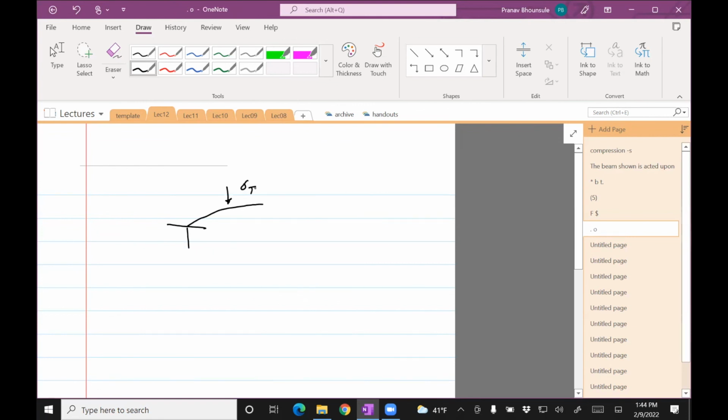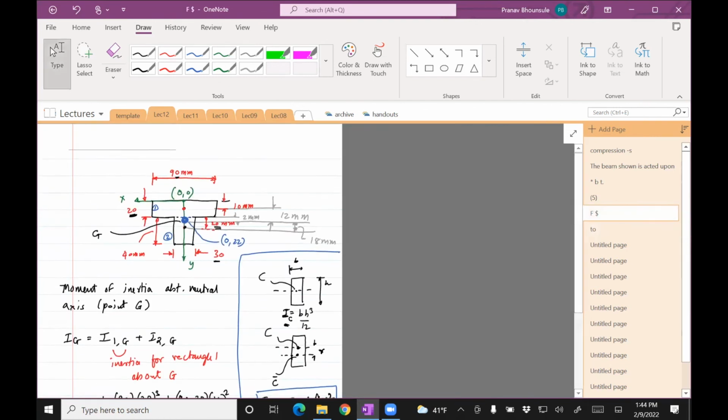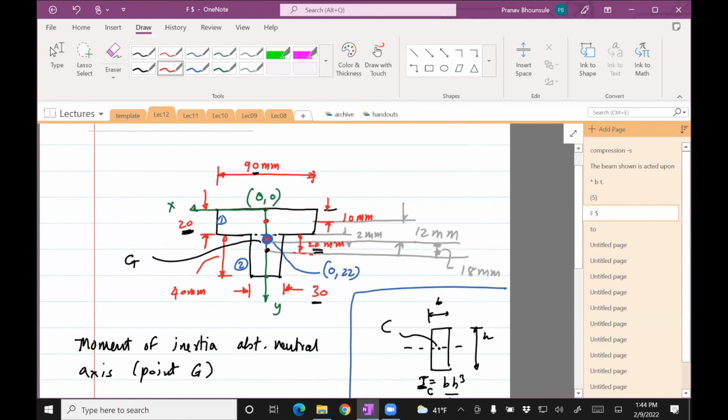Sigma tensile, sigma C. So we need to find this distance and of course this distance. The distance of the centroid from the topmost layer, let's do that first. The distance from this point all the way to the top is 2 mm plus 20. So it looks like it's 22.